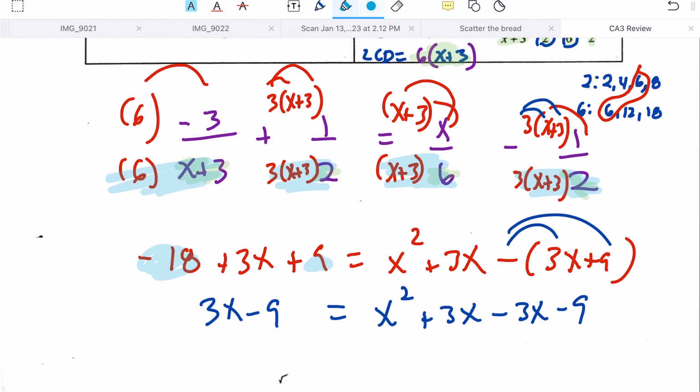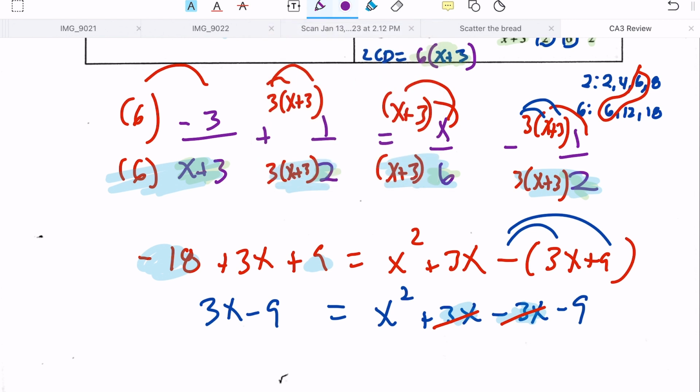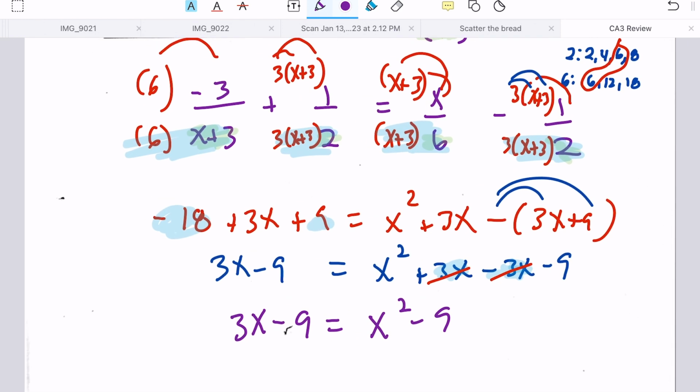So we see on the right-hand side, what happens to that 3x and negative 3x? Cancels out. So we have 3x minus 9 equals x squared minus 9. Yeah, we add 9. They cancel out on both sides.